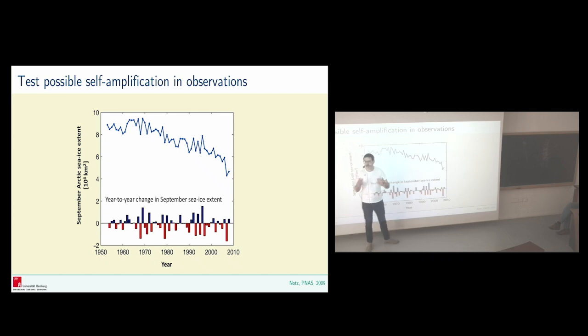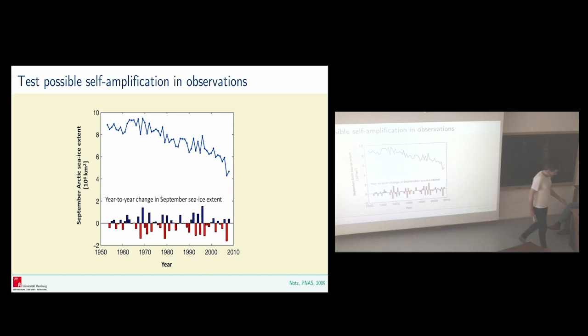If the ice albedo feedback were dominating, you would assume whenever you have very little ice, you should have even less ice in the next year. But if you look at the year-to-year changes, you find a negative autocorrelation from one year to the next, which basically says these amplifying feedbacks apparently don't carry over from one year to the next. So simply by looking at the time series, there's strong evidence that there is no self-amplification in Arctic sea ice.